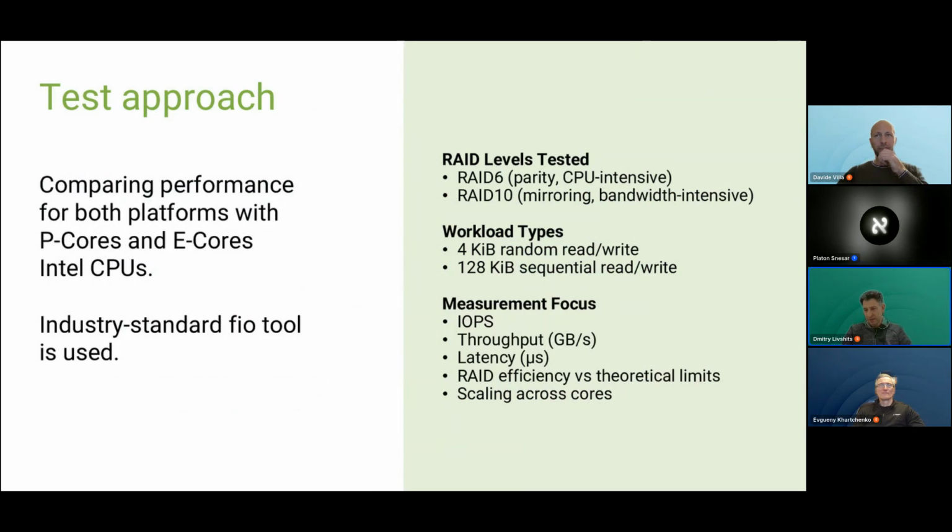About RAID 10. We actually tested RAID 10 and RAID 0 because both of them could be equally relevant for inference workloads. And what we already demonstrated is that our implementation of RAID 10 is a fine solution for database acceleration. Related to workload types, we used two types of workload.